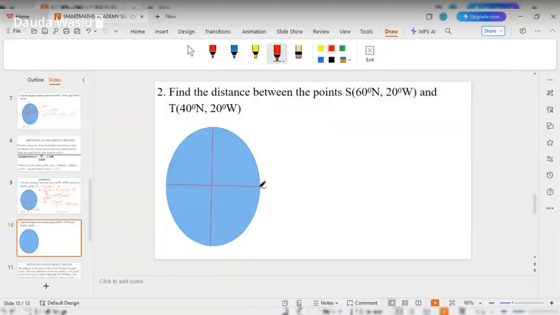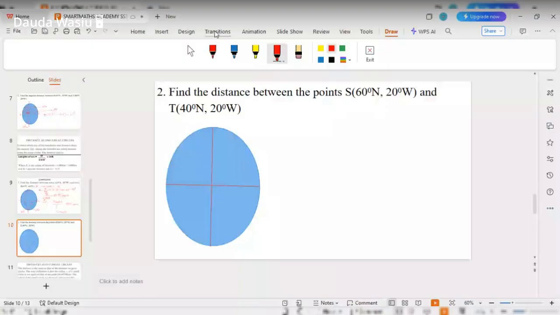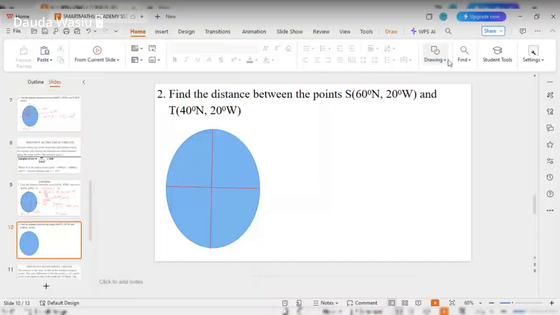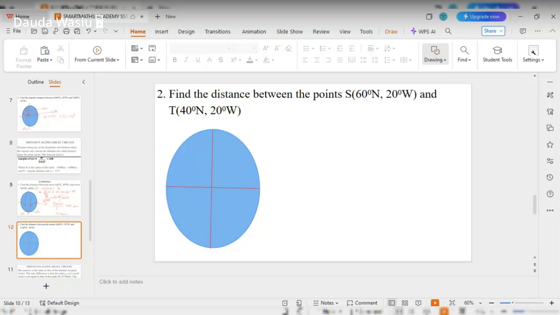Then I'm going to do the labeling later. So let me see if I can still insert some so that the diagram will look more attractive. Let me see some curve connector.